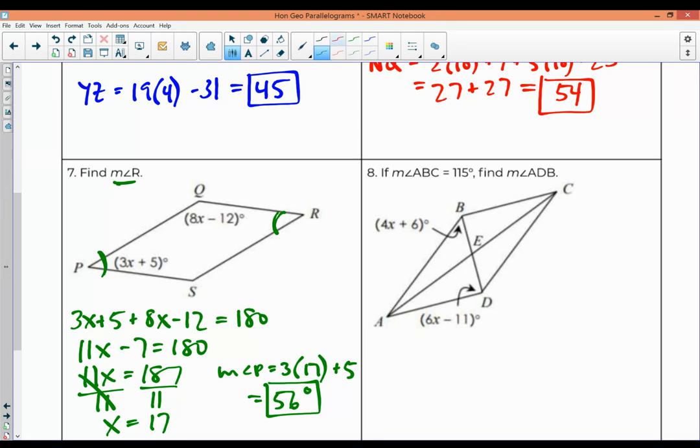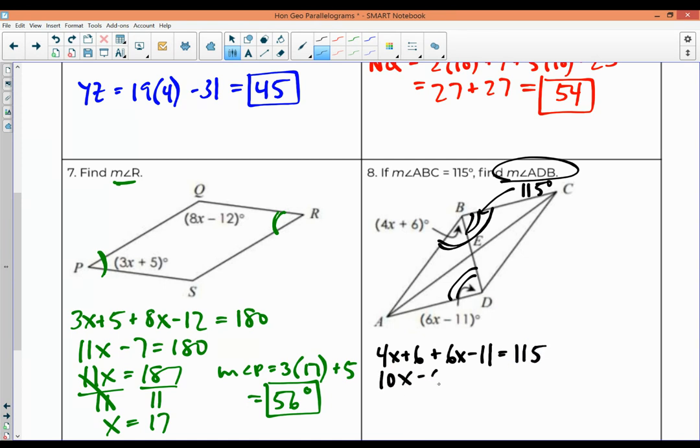All right, and then here, the measure of angle ABC is 115 degrees. Find the measure of angle ADB. So this is the angle we're looking for. So again, we have alternate interior angles used here. So I'm going to add those two angles together and set them equal to 115 degrees.